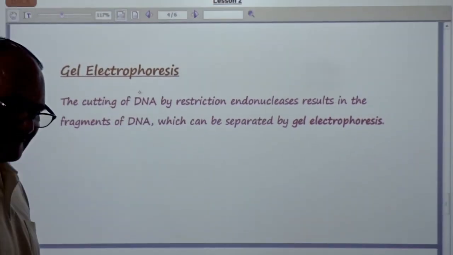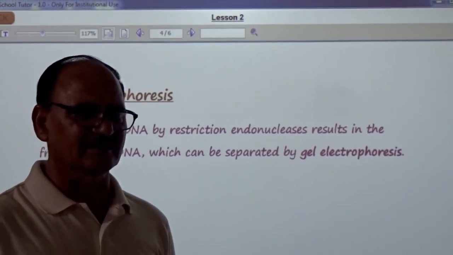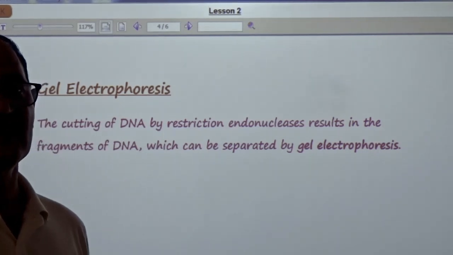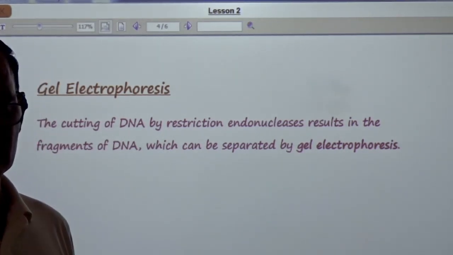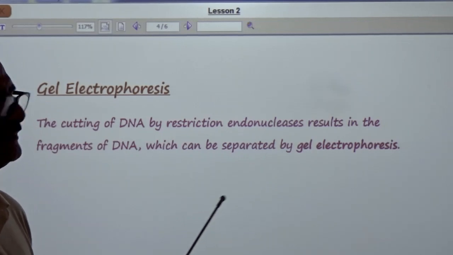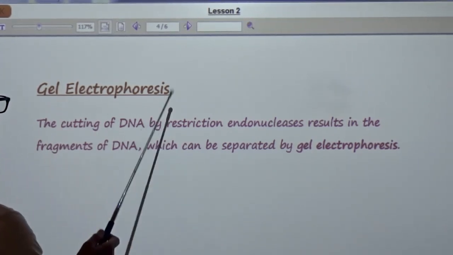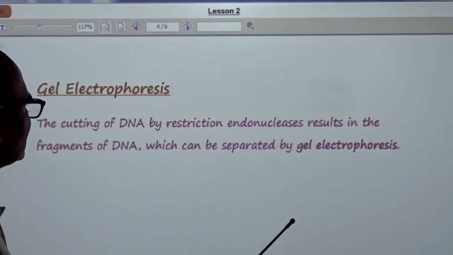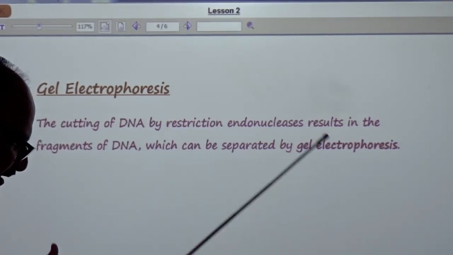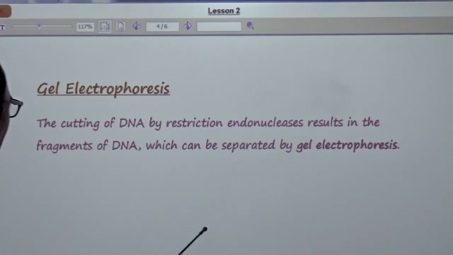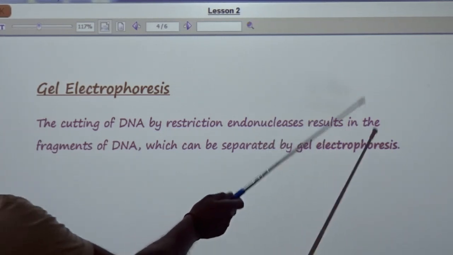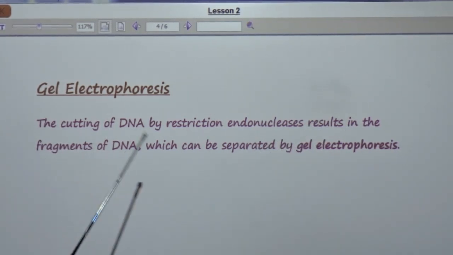After cutting the DNA, we have a DNA mixture in which our actual desired DNA molecule is present, so we use the process called gel electrophoresis to isolate it. Cutting of DNA by restriction endonucleases results in fragments of DNA which can be separated by gel electrophoresis.